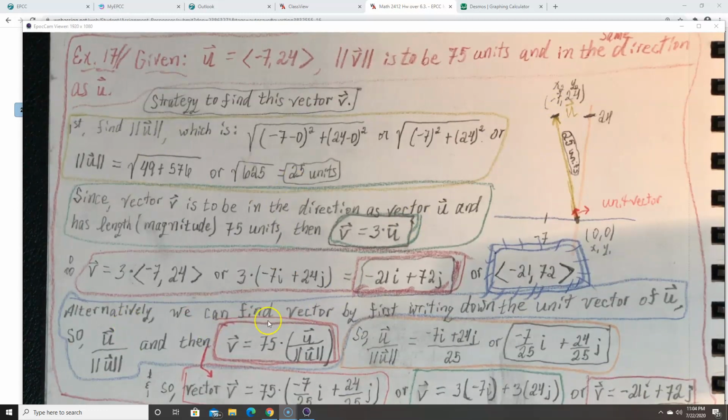So alternatively, we can find the new vector, the one that's 75 units long, by first writing down the unit vector of the first one, which is vector u, negative 7, 24, negative 7i plus 24j, divided by its magnitude, which is 25.